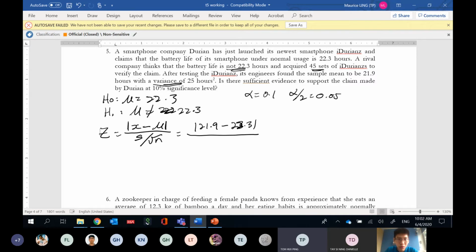So what is the standard deviation? It's the square root of variance. The square root of 25 is 5, because 5 times 5 is 25.